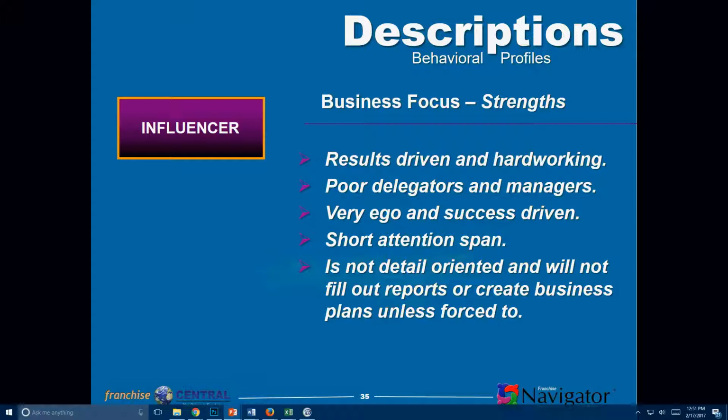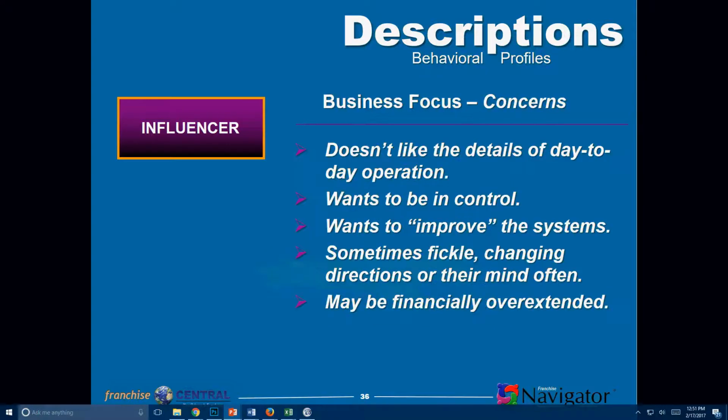So depending upon the brand, the clientele and the profile, we tend to skinny it down for the accomplishers. The influencers, they'll fill it out faster than anybody else will. But it may not be reliable data. It's what they think. So you've always got to check it with the influencer. And again, anything dealing with details, they're not good at.